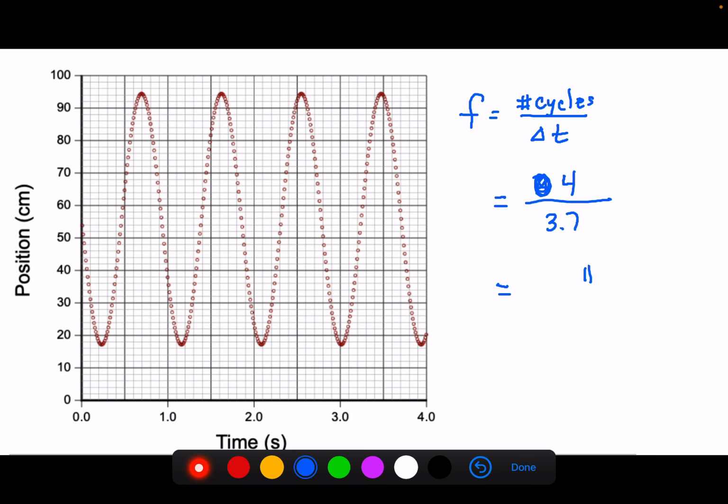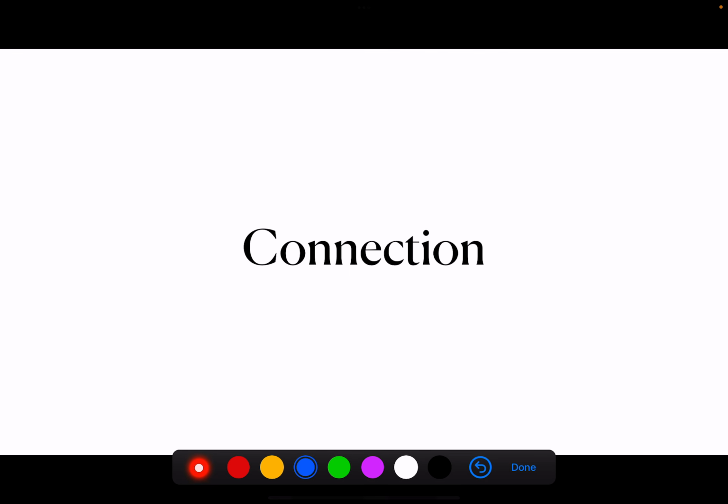Your units will be cycles per second, and that is known as hertz. Okay, in this case would be a little more than one cycle per second, a little more than 1 hertz.